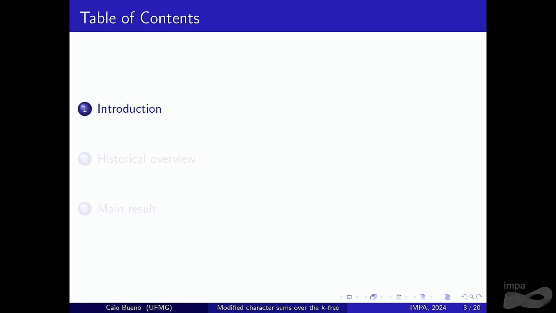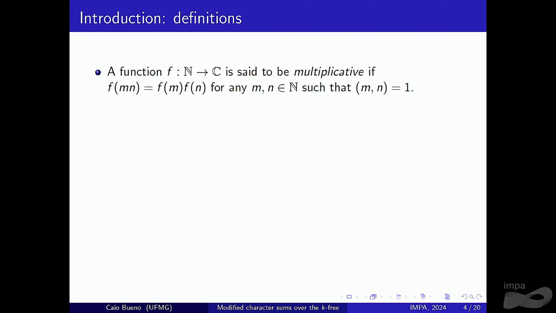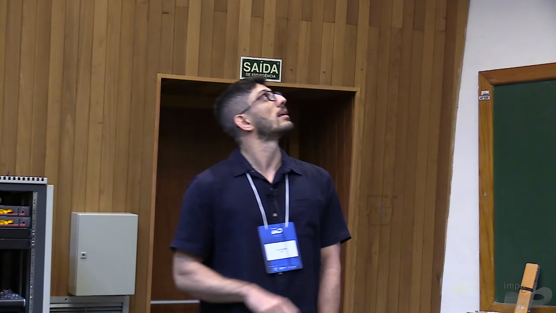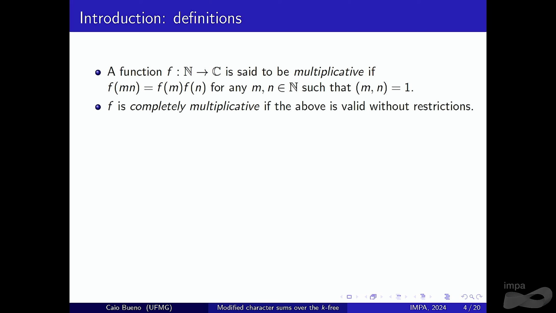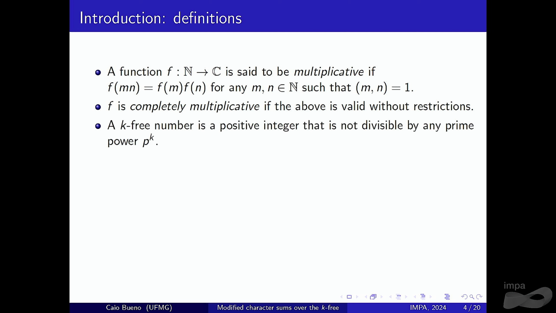So let's start with some definitions. A few of them we have already seen yesterday. We say that a function is multiplicative if for any natural numbers m and n coprime to each other, f(mn) equals f(m) times f(n). And it is completely multiplicative if this is valid without the coprimality restriction.